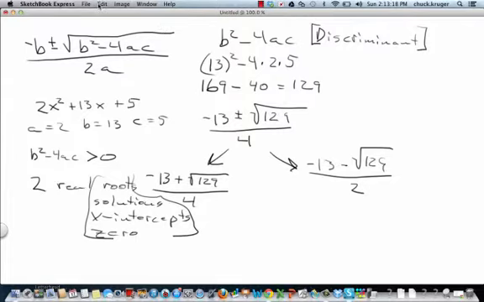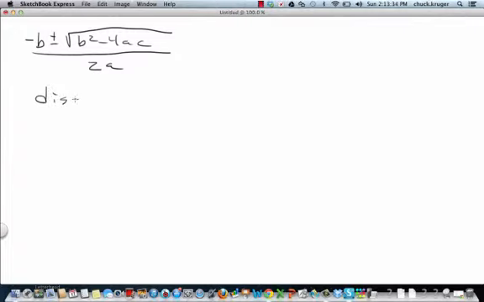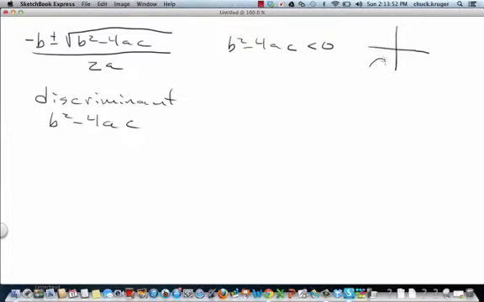All right, I am going to summarize what you need to know. First of all, the quadratic formula is the opposite of b, plus or minus the square root of b squared minus 4ac, all over 2a. We have this thing called the discriminant, which is b squared minus 4ac. When b squared minus 4ac is less than 0, it means I have a parabola that in some fashion is not touching the x-axis.